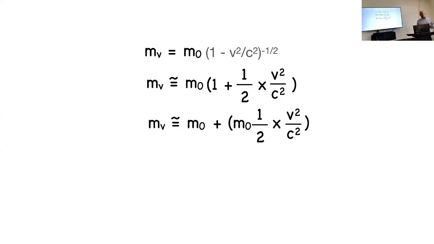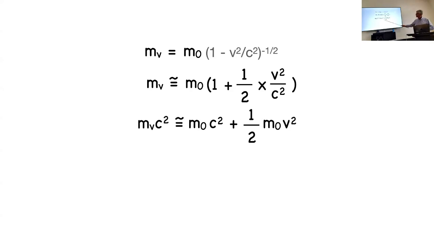Okay, now let's multiply both sides by c squared. We're going to put a c squared over here, multiply that m v. Multiply rest mass times c squared. And when we multiply this term times c squared, the c squared goes away. And here we are with our value of kinetic energy at low velocities.